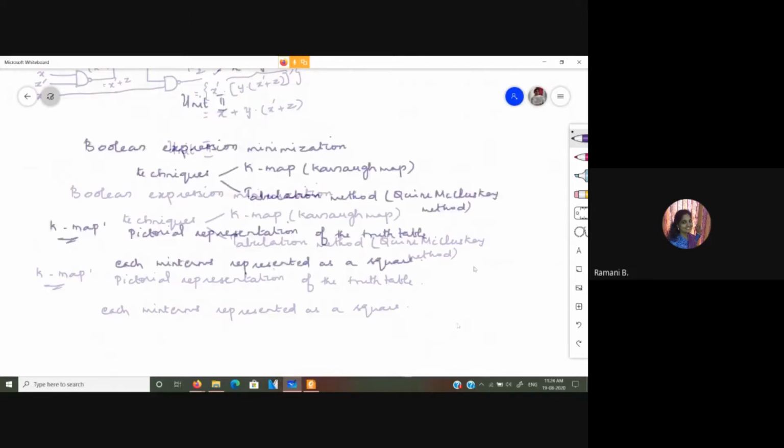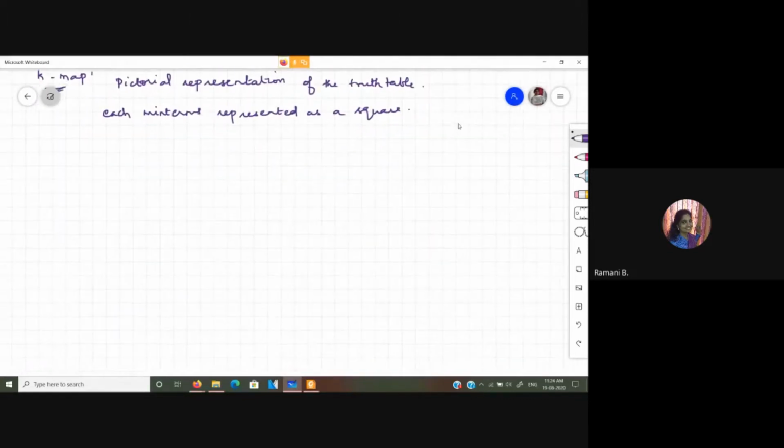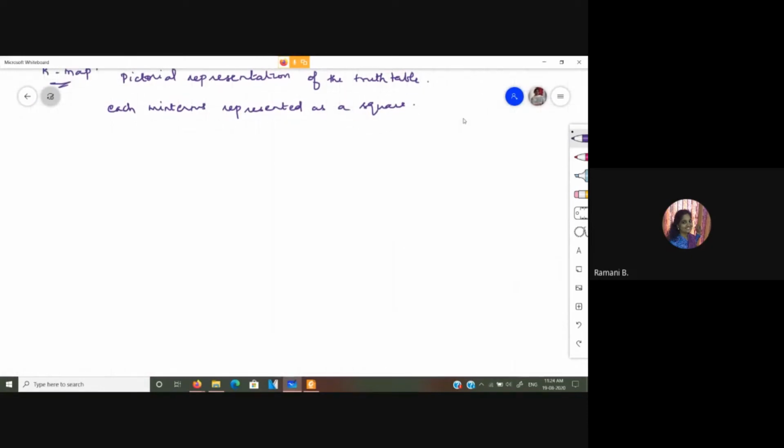So for example, when I say I am going to have two variables in a particular expression, the two variable K-map will have 4 squares, because for n variables you are going to have 2 power n min terms.